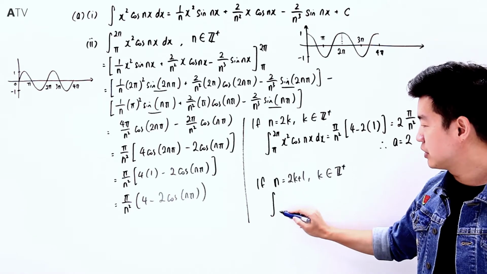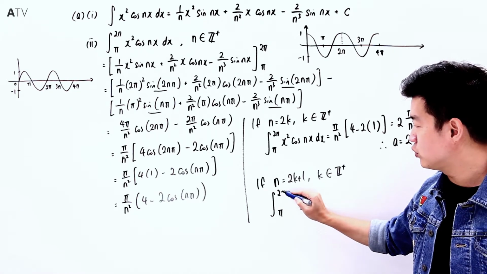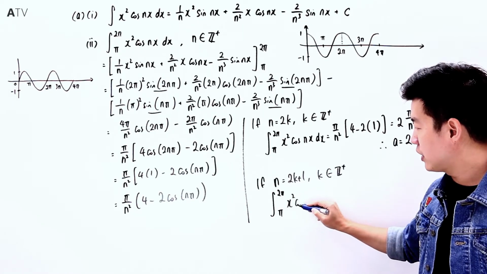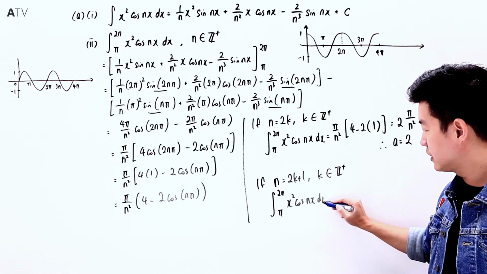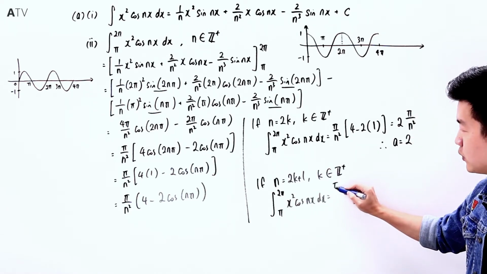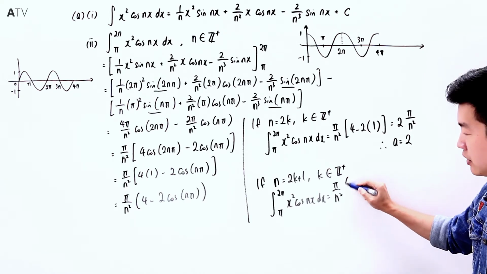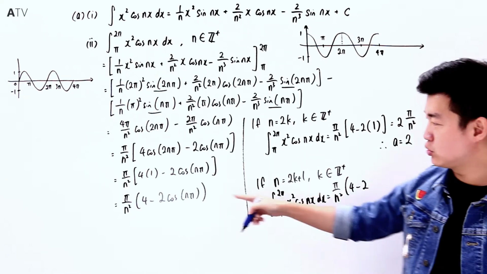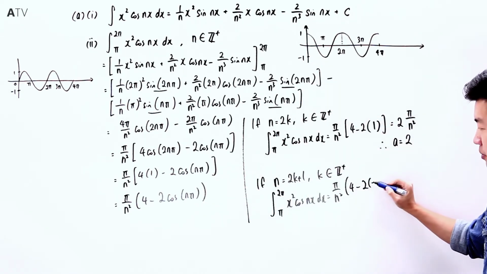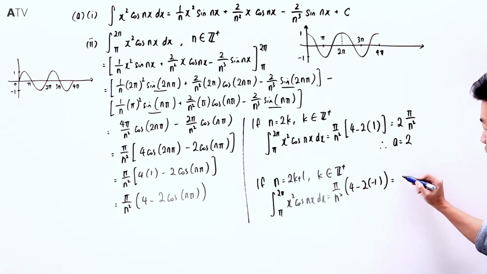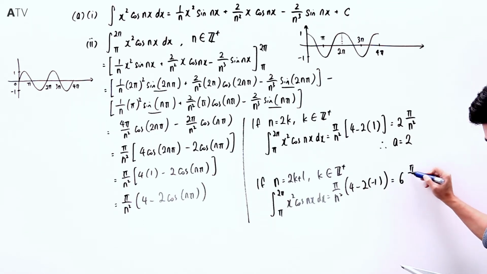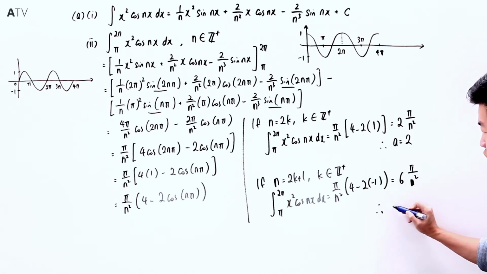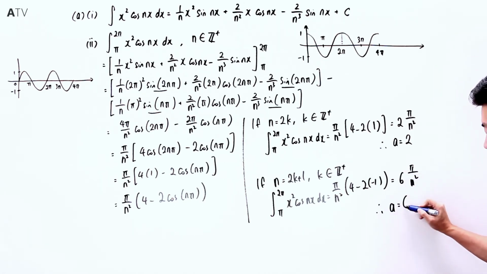So the integral from π to 2π of x² cos(nx) dx will be π/n² of 4 minus 2 times -1, which is 6π/n². So the a value is 6.